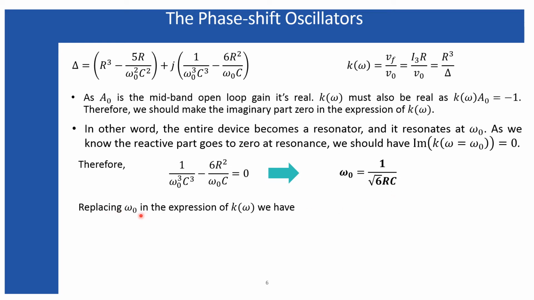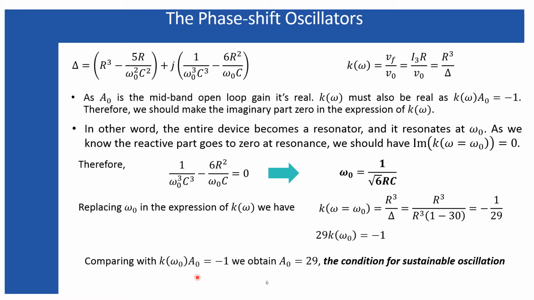Now replacing this omega naught into this equation, because this part is 0, K is completely a real quantity having this expression at the denominator, where I'm going to replace omega naught by this expression. Upon replacing this, I get K at omega equals omega naught becoming -1/29. So we can write 29 times K at omega equals omega naught is equal to minus 1.